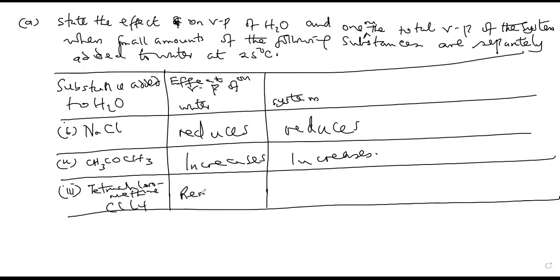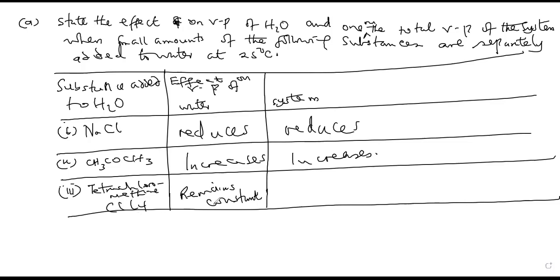So here we say remains constant, because being immiscible, mixing them will call for each one to exert an individual or independent vapor pressure, meaning that if the vapor pressure of water was 30, it will keep 30, because on mixing the two, they exert vapor pressures independently from each other.